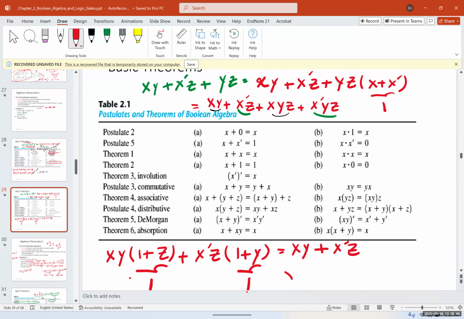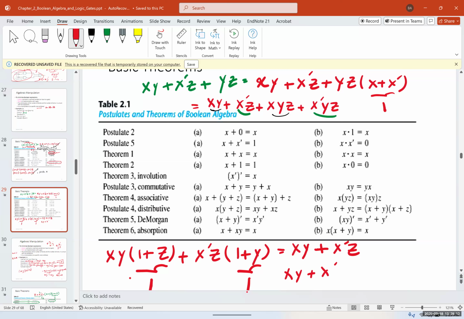Again, what was your answer? xy plus x prime y. So xy plus, and the second, the entire term was xy plus z.